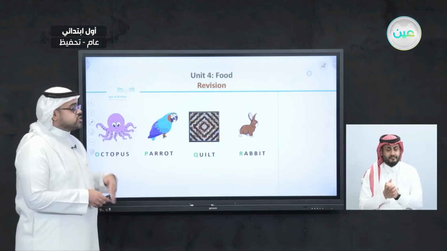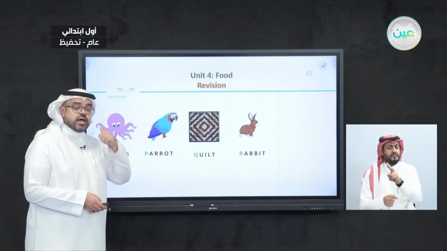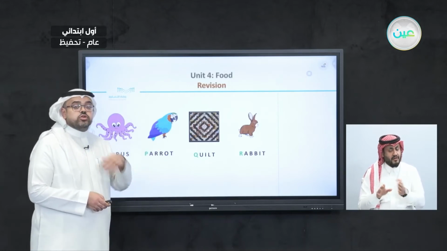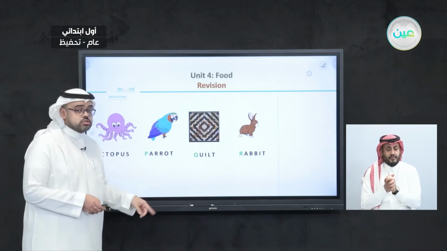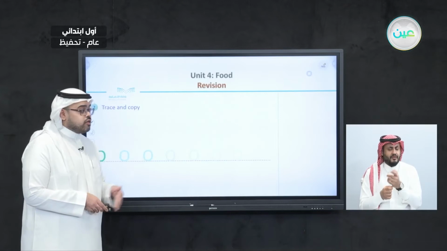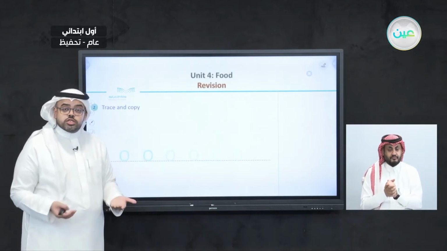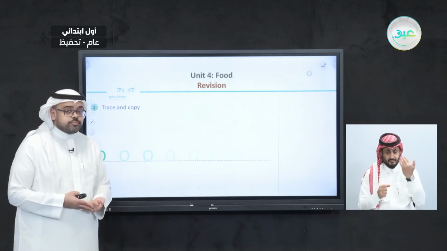So, the second thing we did last time is that after practicing on these 4 words and after knowing how to pronounce these 4 letters, what we did next is tracing and copying. So let's just remind ourselves of the exercise we did last time.